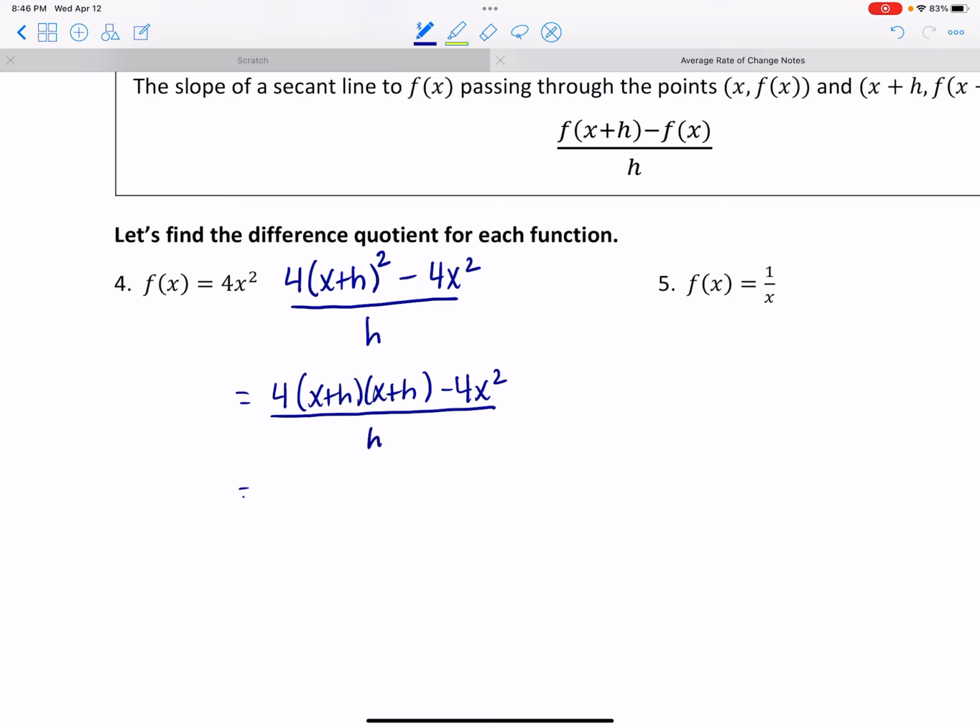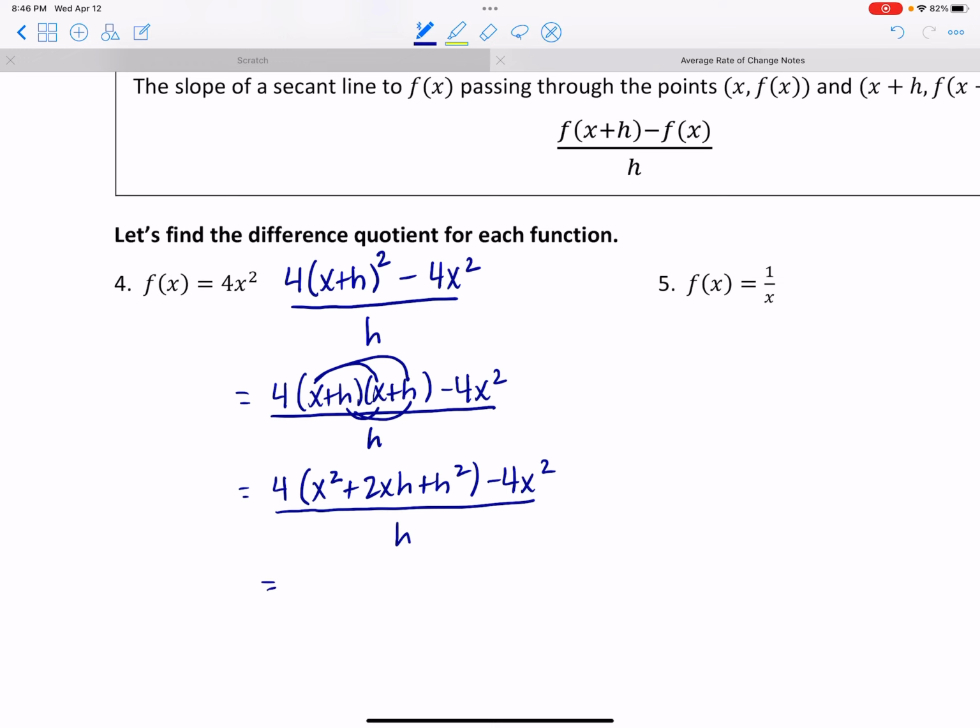So this is 4 times, when I multiply this out, I get an x squared, an xh, another xh, which means I'm going to have 2 xh's, and then I get an h squared. And then I still have my minus 4x squared, again, divided by h.